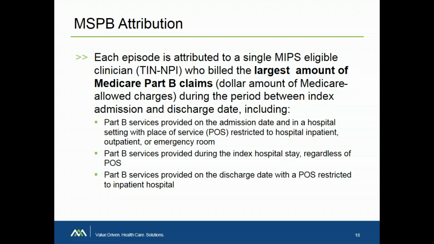And these would include Part B services provided on the admission date in a hospital setting with a place of service as hospital inpatient, outpatient, or emergency room. It also includes Part B services provided during the hospital stay, regardless of the place of service, and Part B services provided on the discharge date with a place of service restricted to inpatient hospital only. So it is a bit confusing there on exactly what's included or what's not, but you'll have the slide as reference in the future. Next slide.